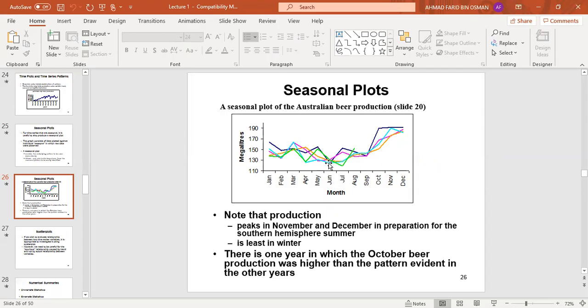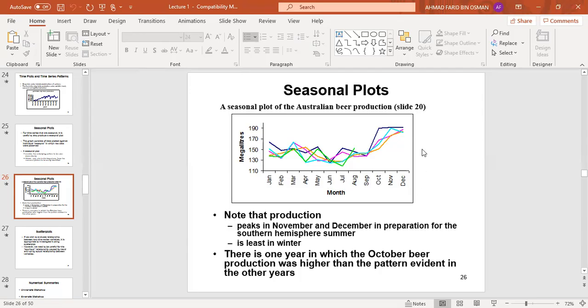Winter is around June to August, here. So you can see that during winter, beer consumption is not as high as during summer, because, as mentioned just now, the hot temperature encourages people to drink more.